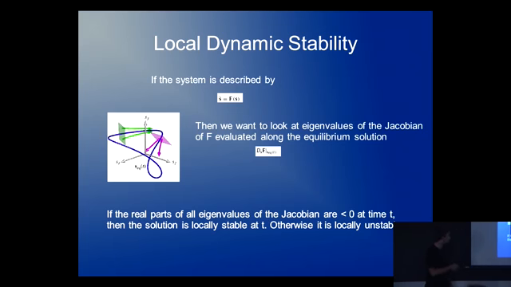And once we find the eigenvalues of it, if all of the real parts of the eigenvalues of this matrix are less than 0 at some particular time t in this whole solution, then we say that at that time the solution is locally stable. And otherwise, we say that it's locally unstable.